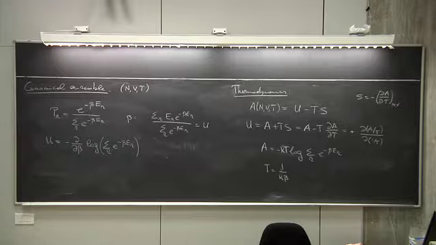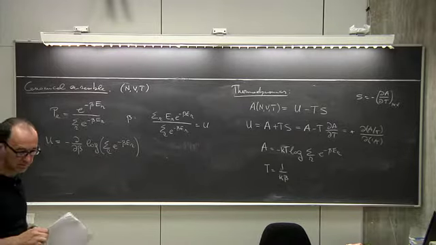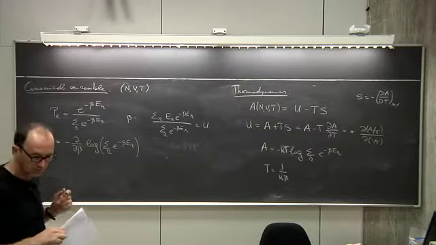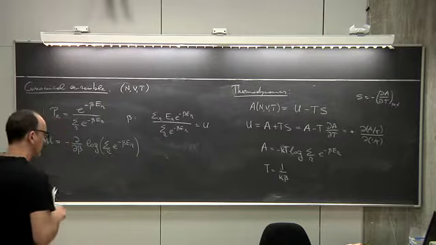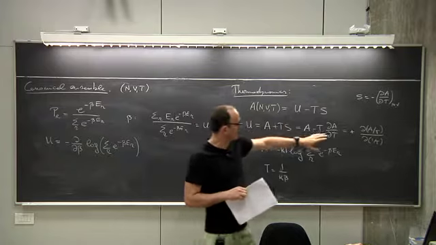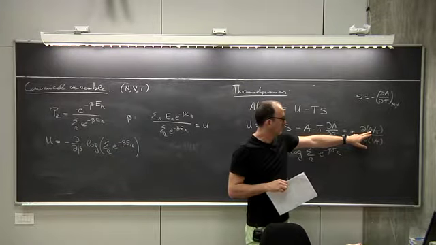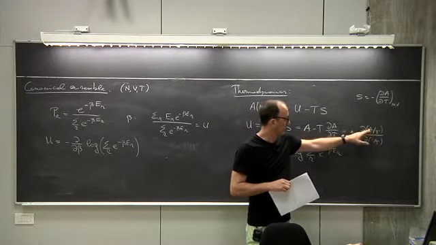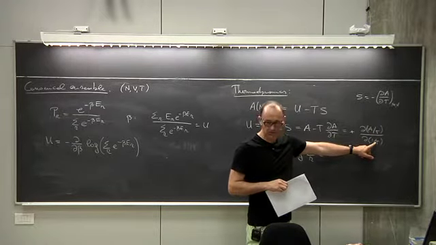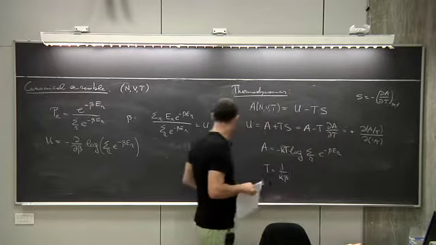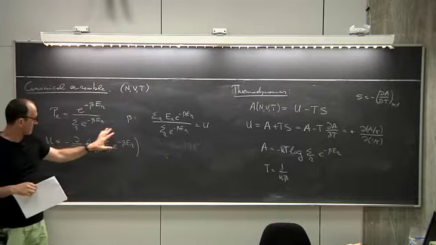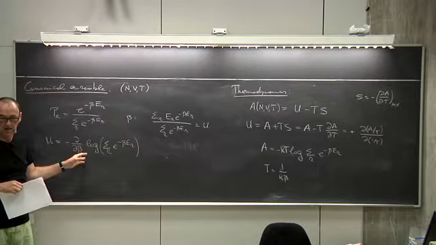Well, you say here in thermodynamics, U is the derivative of a function of A over T with respect to a variable which is related to the temperature. Here also the energy is a derivative of something with respect to another variable.